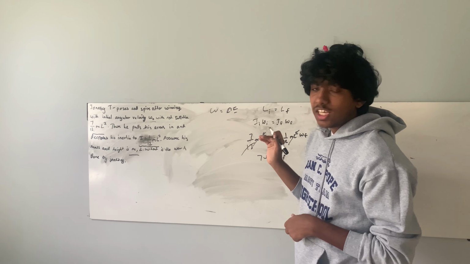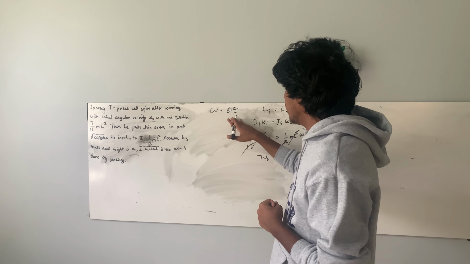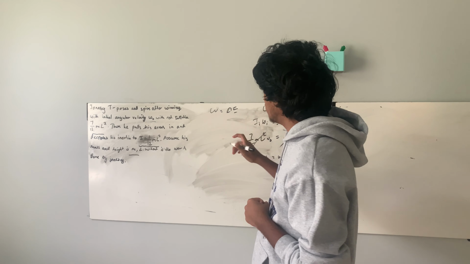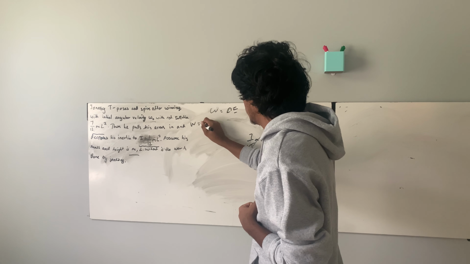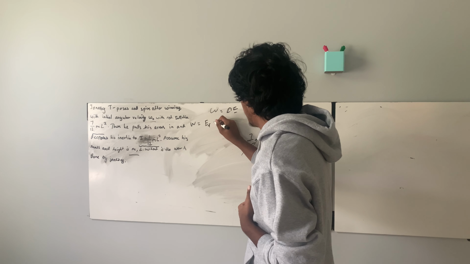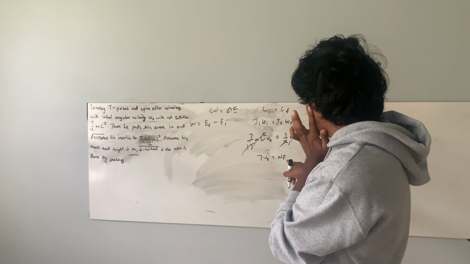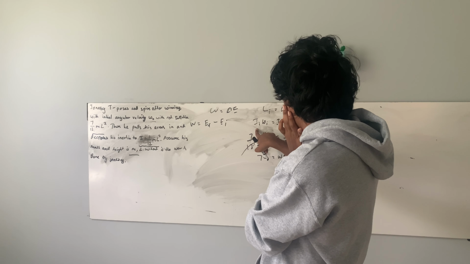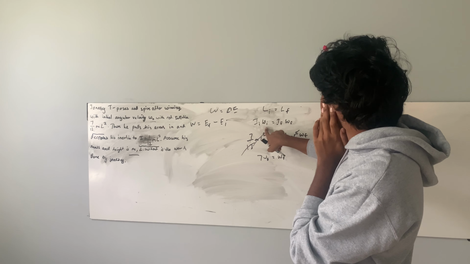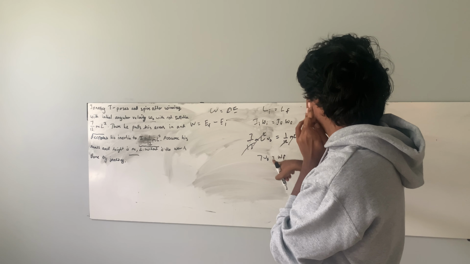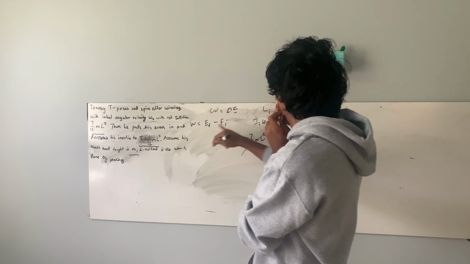Change in energy is the same thing as final energy minus initial energy. So the work has to equal energy final minus energy initial. Okay, energy final is just I omega squared, no, energy final is this one, my bad.